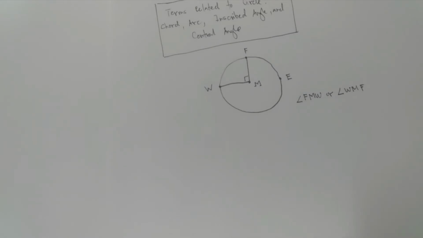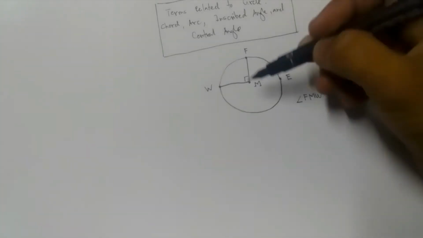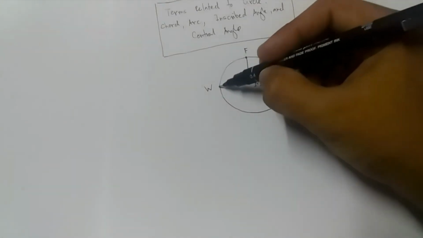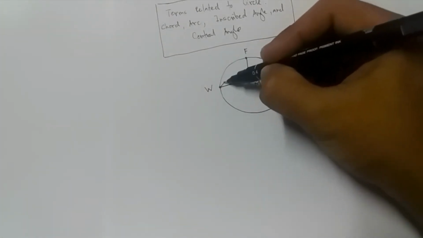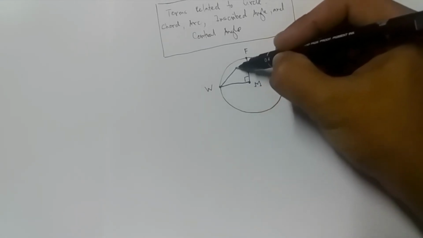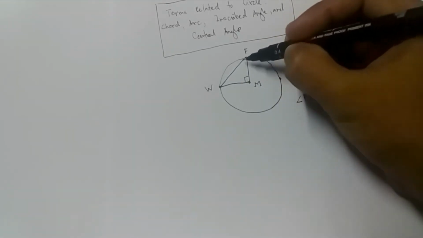That is very amazing, right? Now let's continue. When a line is drawn from the person on your left to the person in front of you, from point W to point F, let's connect these points.